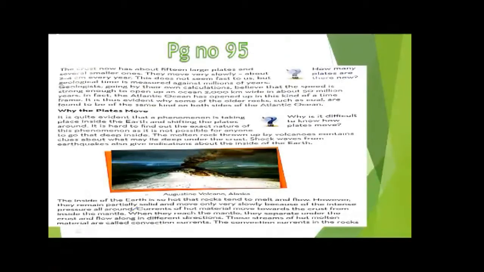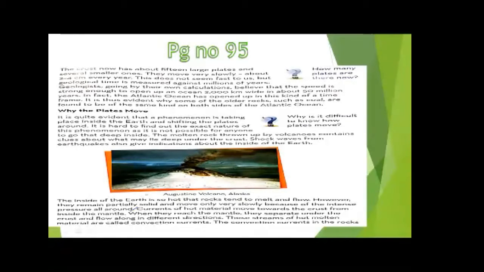Geologists, going by their own calculations, believe that the speed is strong enough to open up an ocean 2,000 kilometers wide in about 50 million years. In fact, the Atlantic Ocean has opened up in this kind of time frame. It is thus evident why some of the older rocks, such as coal, are found to be of the same kind on both sides of the Atlantic Ocean.